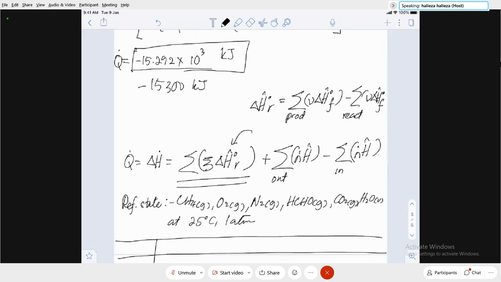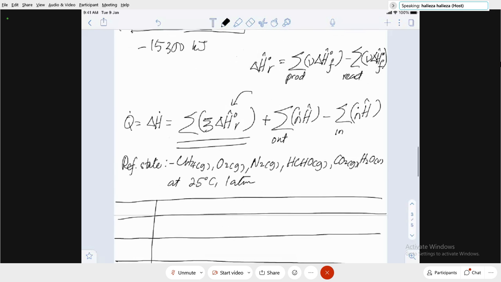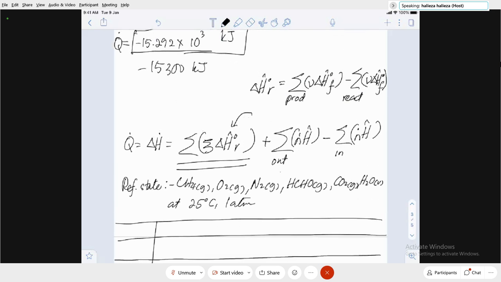That is where your heat of formation comes in, in order to get your heat of reaction. But when you do the table in order to get the enthalpy, it's not about heat of formation anymore.